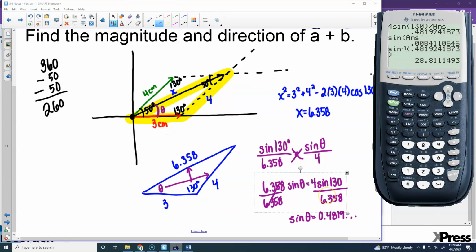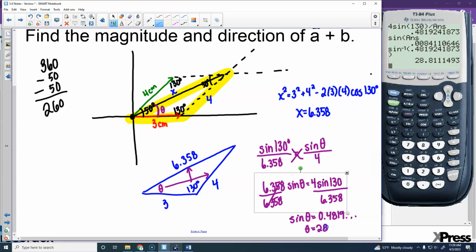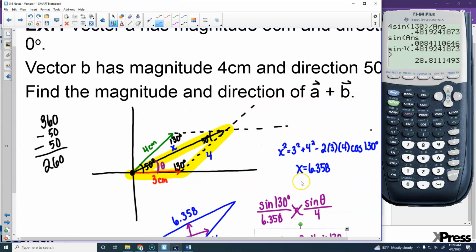So we're getting theta is 28 degrees. I've kept 4 decimal places. That's fine.